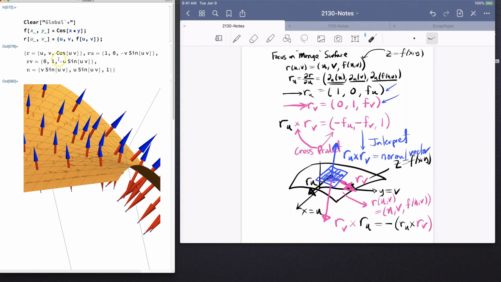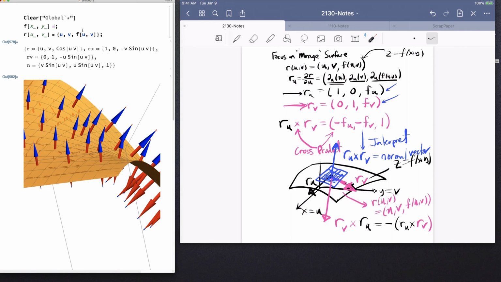So we might want to check the partial derivatives and compute the cross products. We can check that over here with a slightly simpler looking surface. So let's try x squared multiplied by y.